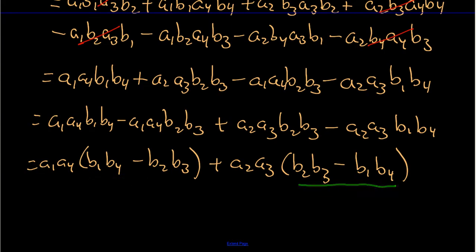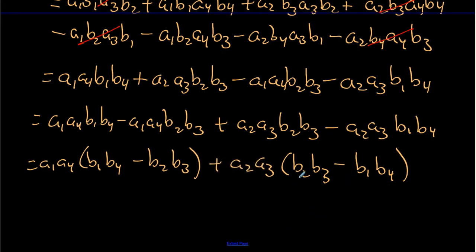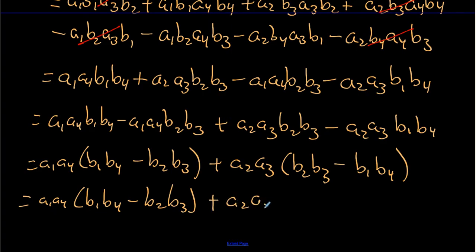And so what I'm going to do is factor out a -1 from this particular term. What that means is that we will have, as our next step, a1 a4 times this stuff. And then I'm going to have that a2 a3, and I'm going to factor that -1 explicitly out. And when I do, I'm going to have a minus, b2 b3 plus b1 b4.